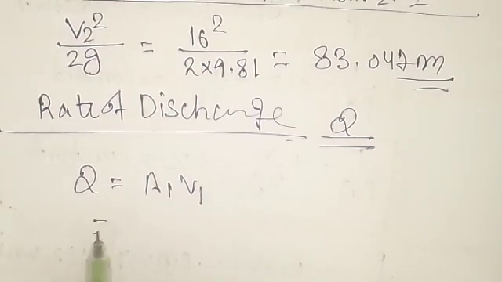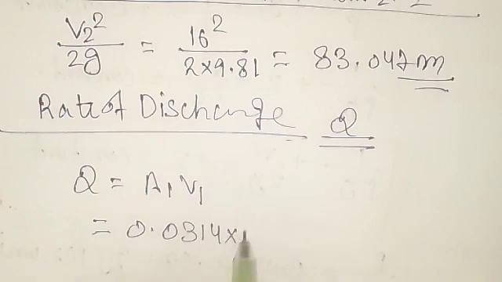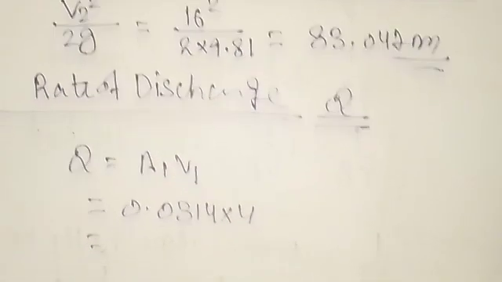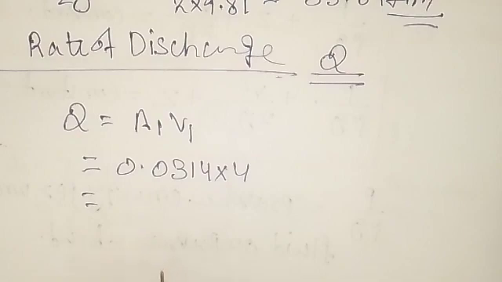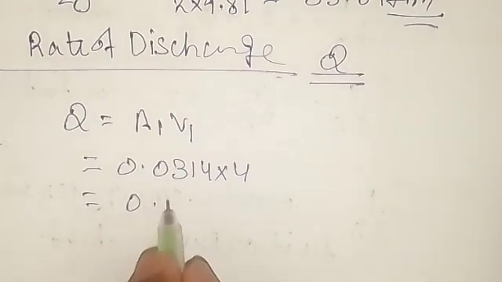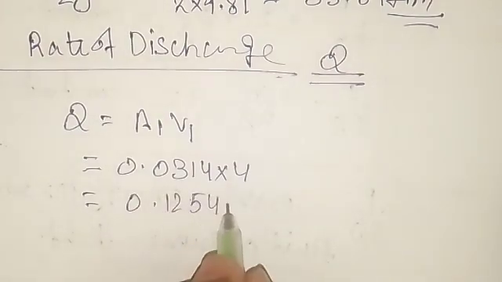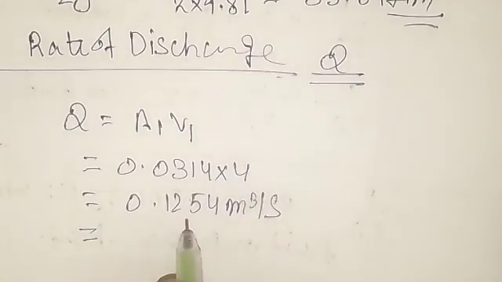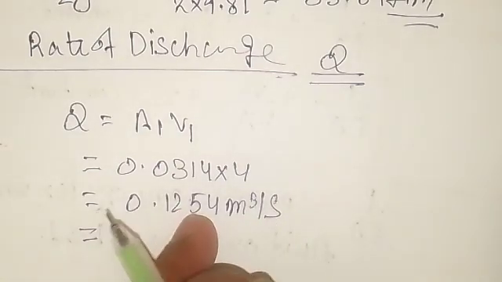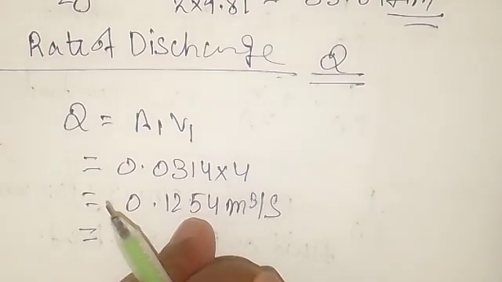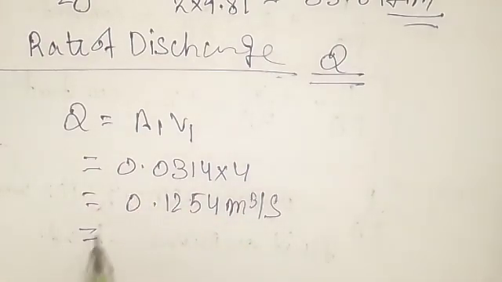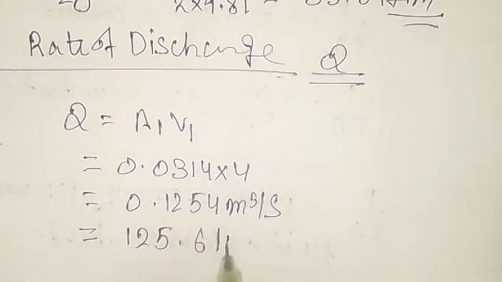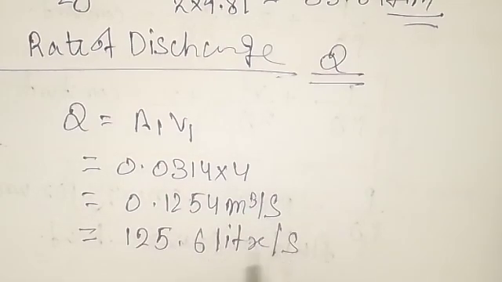So a1 v1 is 0.0314 into 4, which is 0.1256 meter cube per second. For converting this into liter per second, you need to multiply it with 1000, so it becomes 125.6 liter per second.